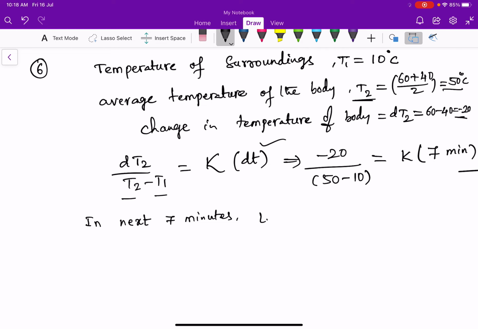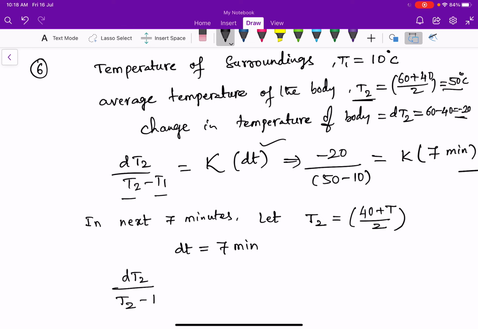Let T2, the average temperature, be equal to 40 plus T divided by 2. And dt value is equal to how much? 7 minutes. Now again from the same formula, dT2 divided by T2 minus T1 is equal to some K into dt.